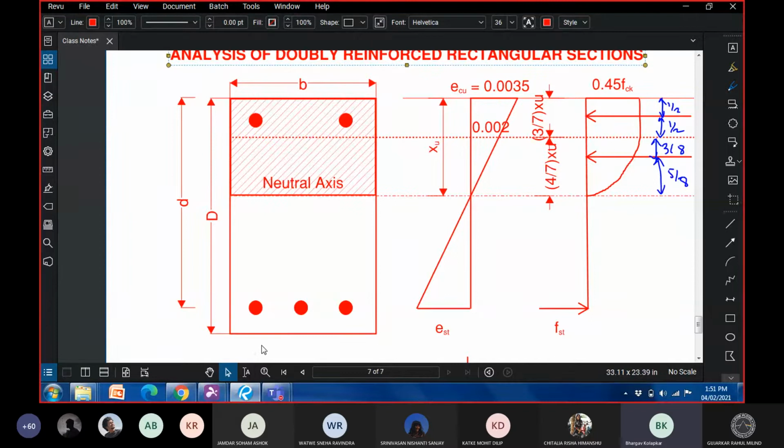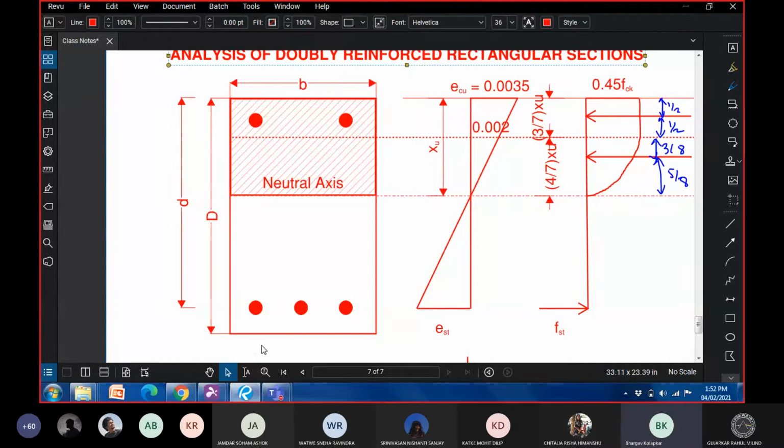But the same section is required to resist a moment greater than Mu max.